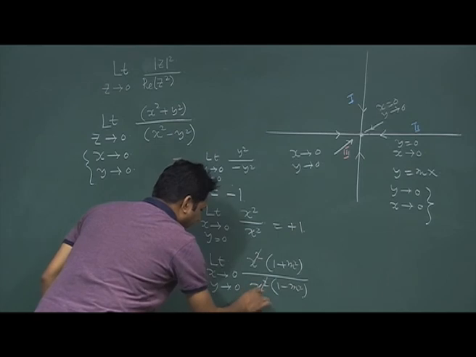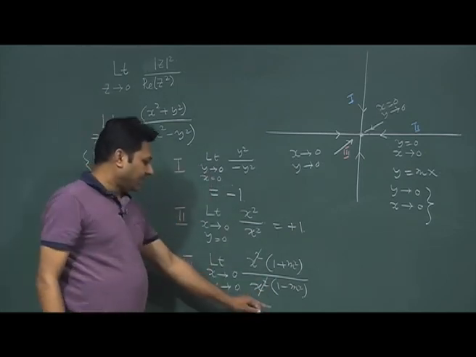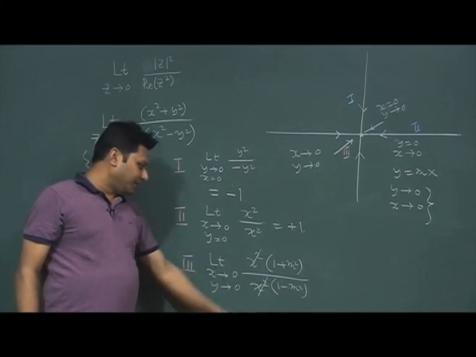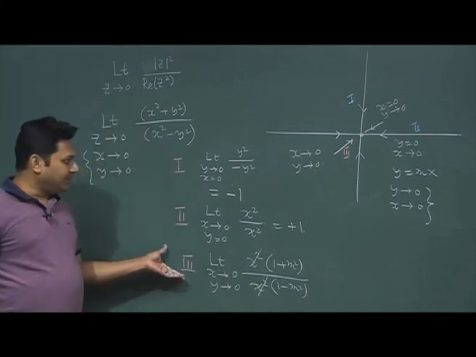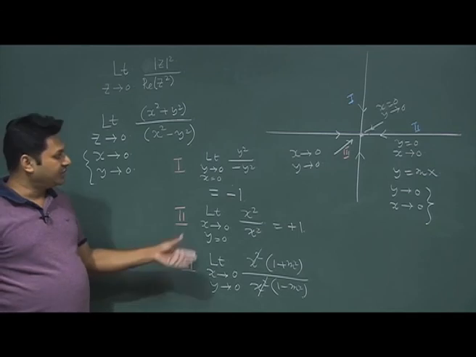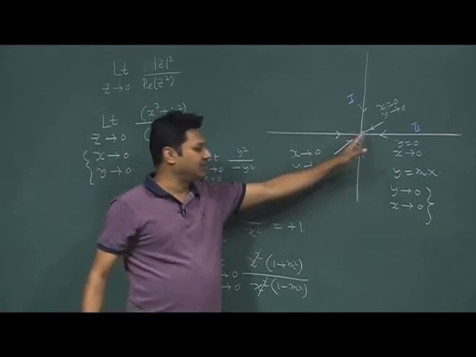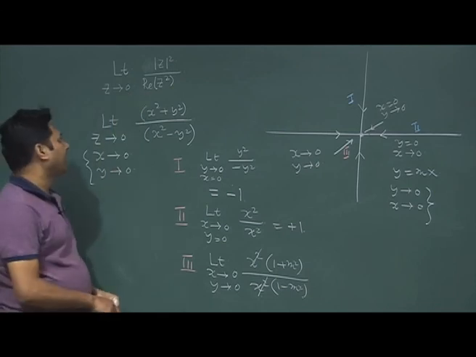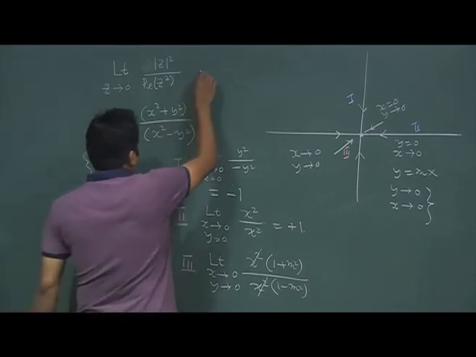So x square will cancel out, I will have a value of the limit which depends on m. That means the limit entirely depends on the direction in which you are approaching the point 0. That means this limit does not exist. The answer is the limit does not exist.